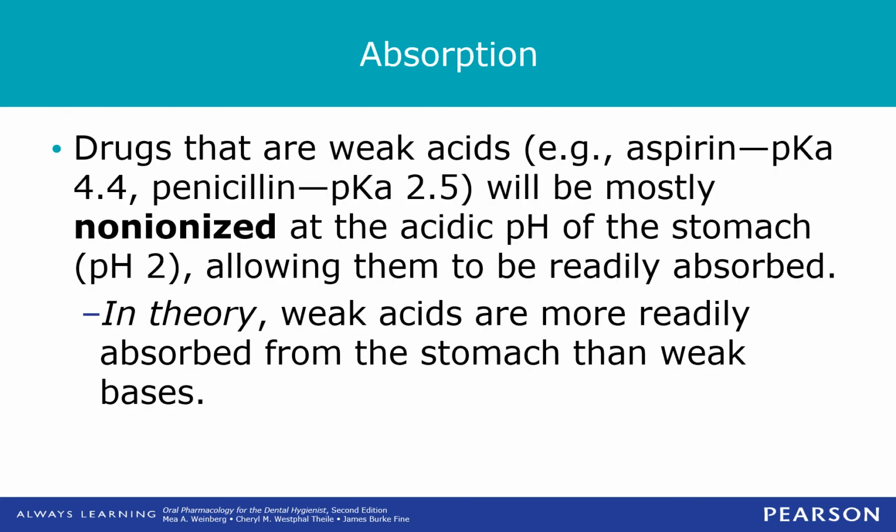Drugs that are weak acids, for example aspirin, with a pKa of 4.4, and penicillin, 2.5, will be mostly non-ionized at the acidic pH of the stomach, pH of 2, allowing them to be readily absorbed. Remember, weak acids 3 to 5. In theory, weak acids are more readily absorbed from the stomach than weak bases.